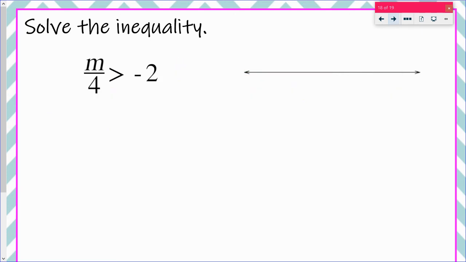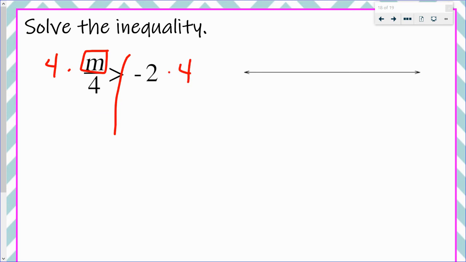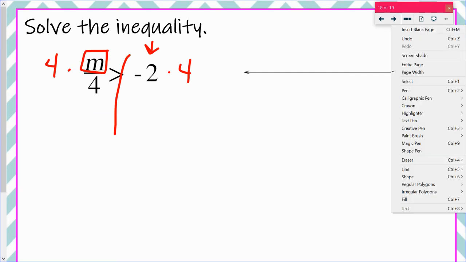And last example, m divided by 4 is greater than negative 2. So this is division. I'm going to multiply by 4 on both sides. Now, I chose an example such as this because sometimes when people see this is negative, they think, oh, I have to flip the sign, okay? However, it's all about the number that is attached to the variable.